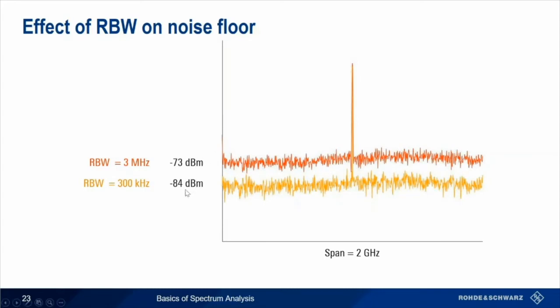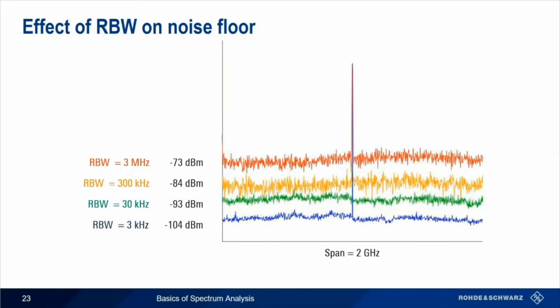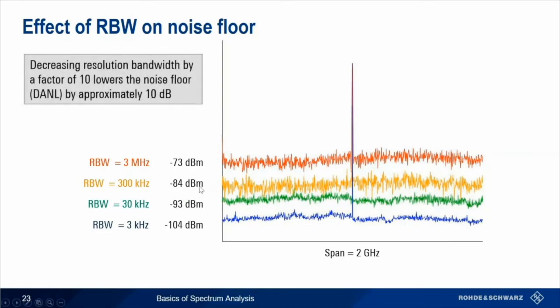We move from negative 73 down to about negative 84. At a resolution bandwidth of 30 kilohertz, we go to negative 93 dBm. And then as we go down to a resolution bandwidth of 3 kilohertz, we go all the way down to minus 104 dBm.